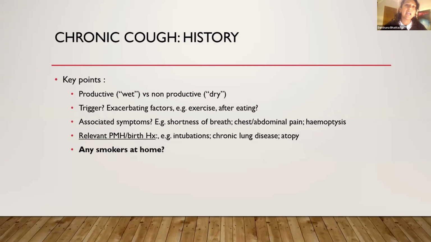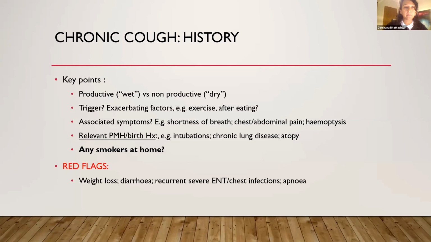For example, if the child had cow's milk protein allergy as a baby or eczema, then we know that these things are associated with a higher likelihood of developing atopic asthma later on. Most importantly, do ask whether there are any smokers at home, because passive smoking is a huge trigger to chronic cough.